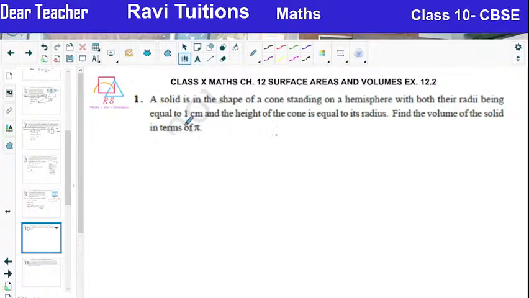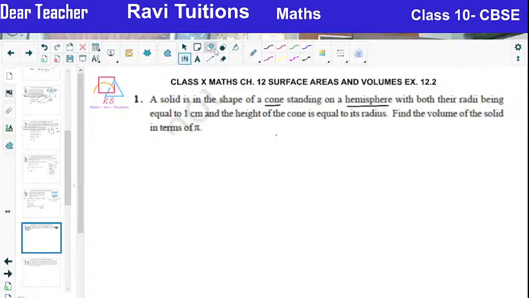A solid is in the shape of a cone standing on a hemisphere. In 12.1 all are related to surface areas, whereas in this exercise almost all are related to volumes. Here a cone is there and a hemisphere is there.